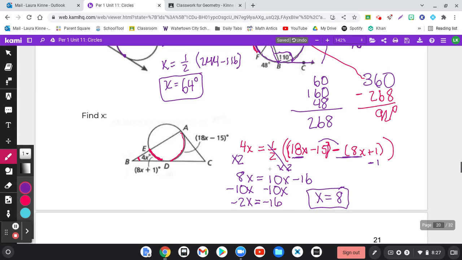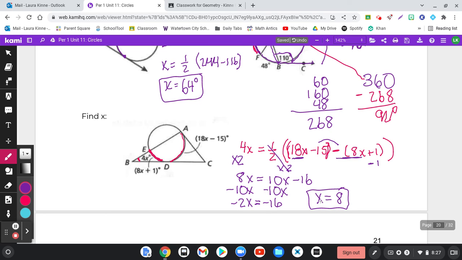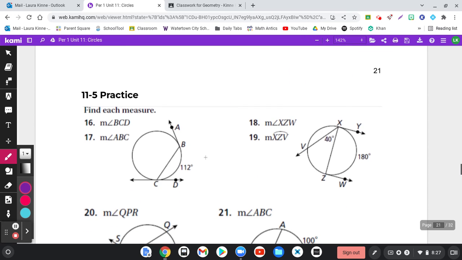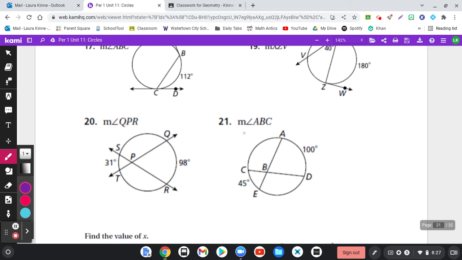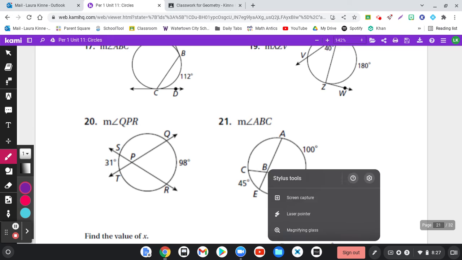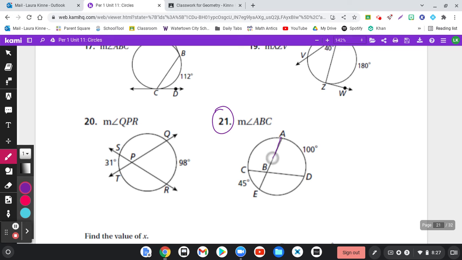Okay. The only thing I wanted to point out to you, on your homework, you've got some to try. They're a little bit tricky. Do your best with them. This one right here, number 21, you're looking for ABC. So you're going to find this first. So x equals 1/2 of its inside, so it's the sum, 100 plus 45.